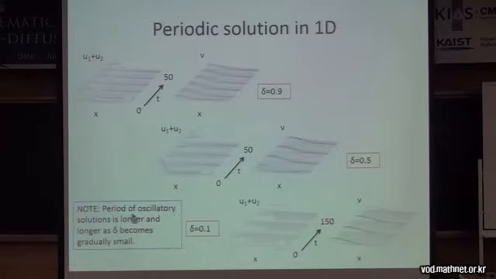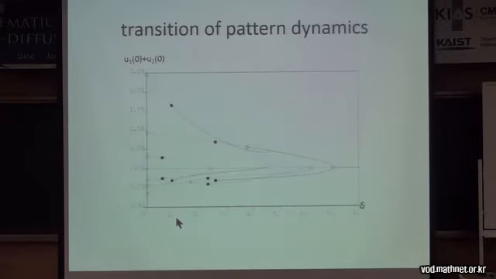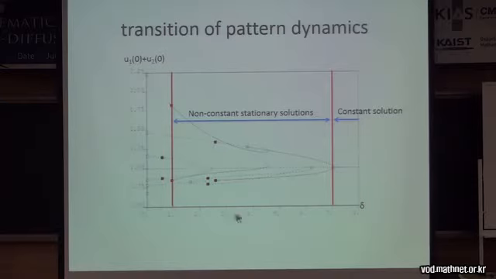That is, the period of the oscillative solution is longer and longer if delta becomes gradually small. So it is observed by this numerical picture. This is a summary of a bifurcation diagram with respect to delta. Here only the constant solution exists and is stable, and here a non-constant stationary solution appears.